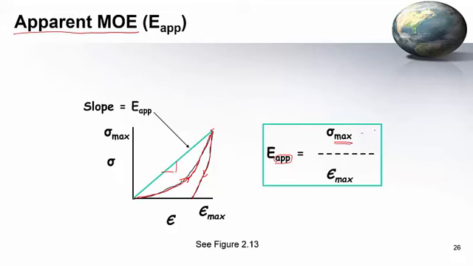Sometimes the sigma is a value selected at the inflection point, which we will learn a little bit later. Or sometimes it's at the rupture point, which we will learn later too. So it doesn't have to be maximum all the time. The one thing you want to know is that the apparent modulus of elasticity means the instantaneous modulus of elasticity at a given strain.